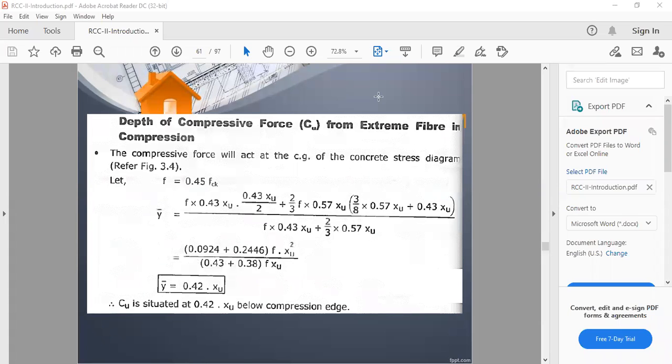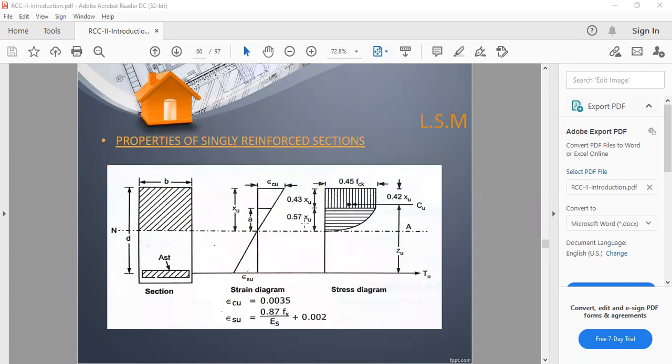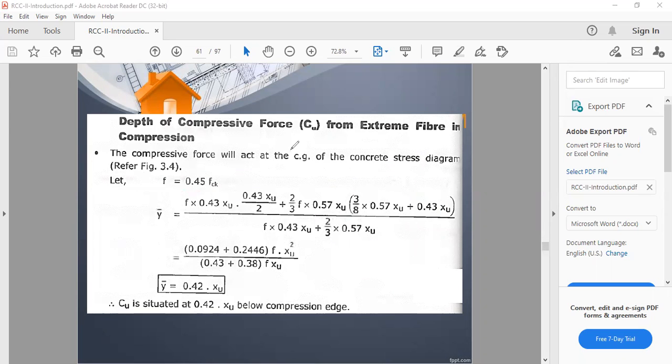So yesterday we went through Y bar, how we got it. If we consider this F, that is 0.45 FCK, it comes out from this diagram itself. So we'll consider it. The value of Y bar is F, that is 0.45 FCK, multiplied by 0.43 XU.